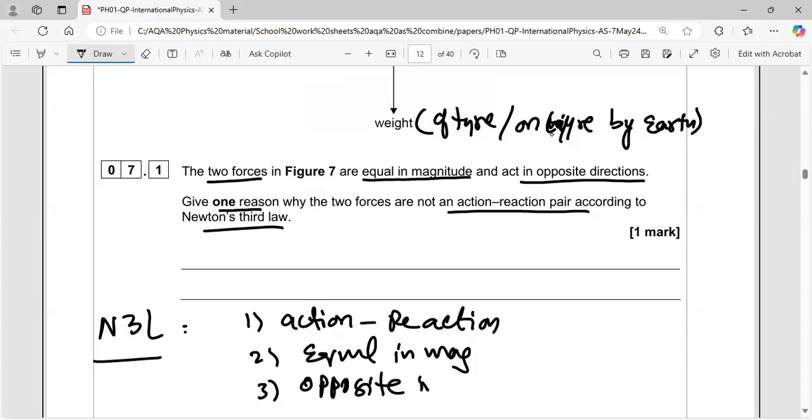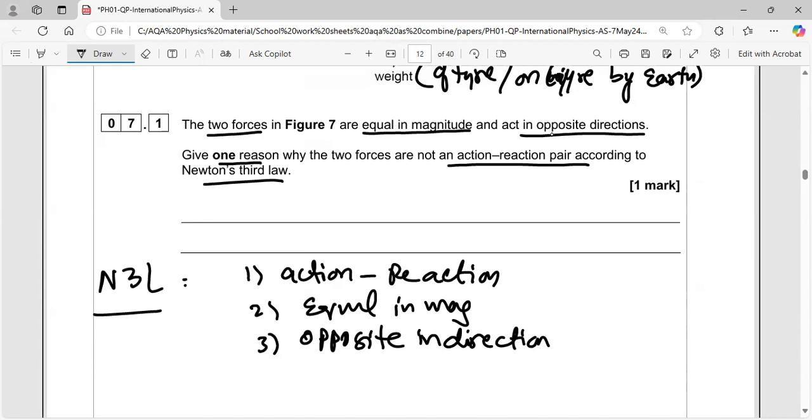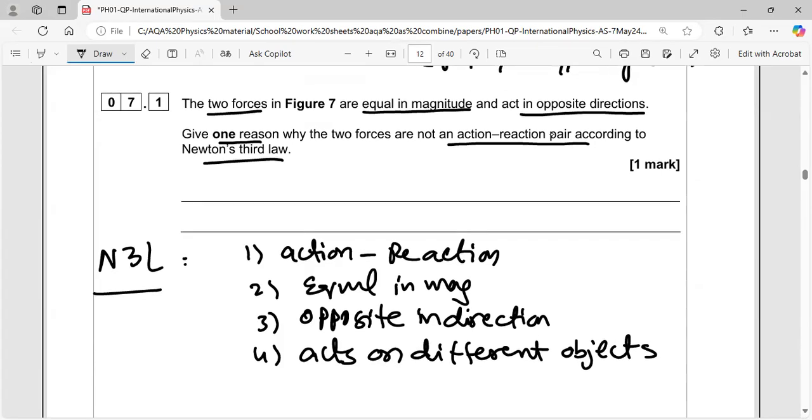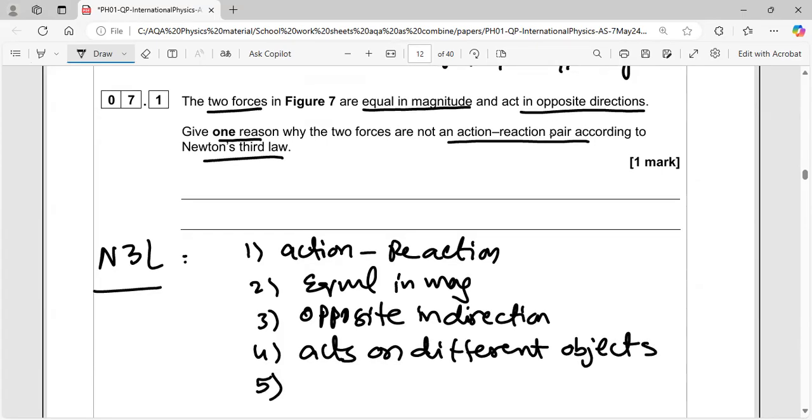This is also correct. The fourth thing is they act on different objects. It means the action acts on one object, and the reaction acts on the other object. Over here, both these forces are acting on the same body. So that's why these are not action-reaction.